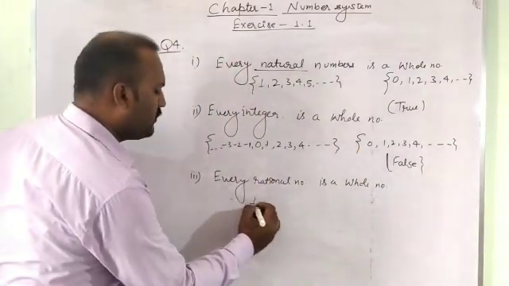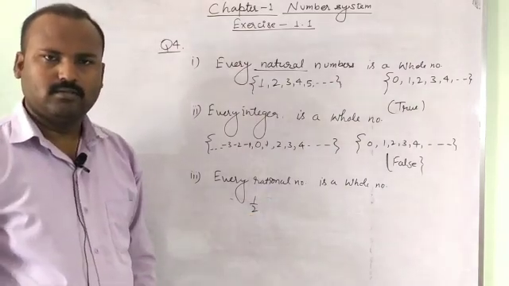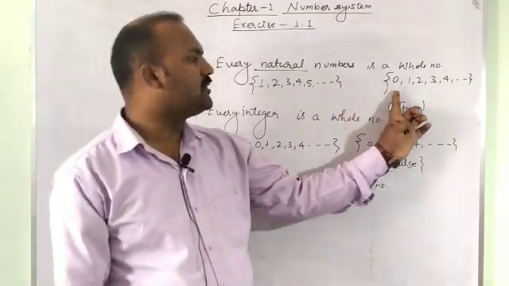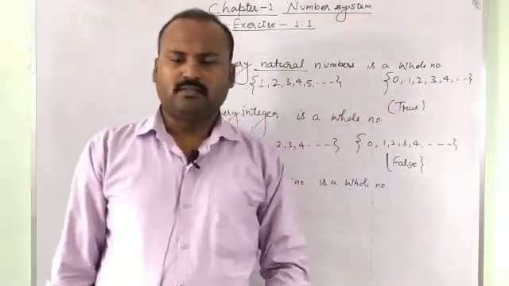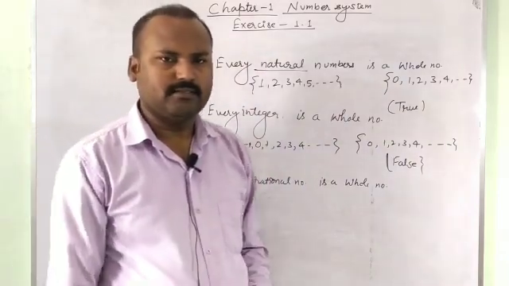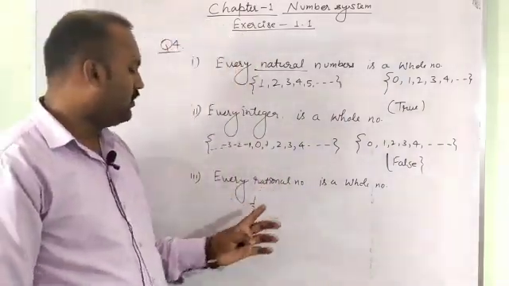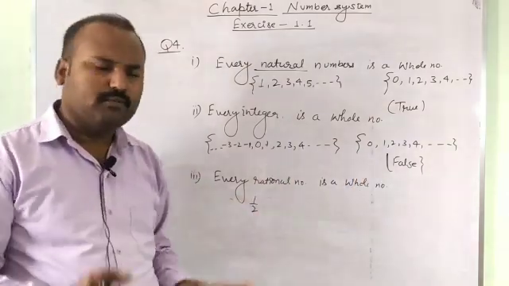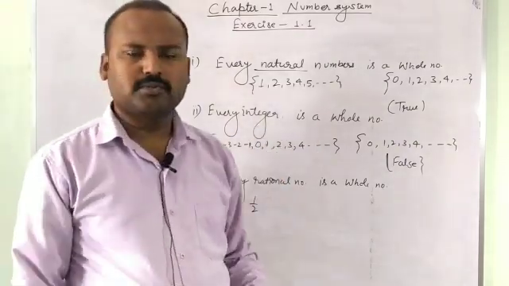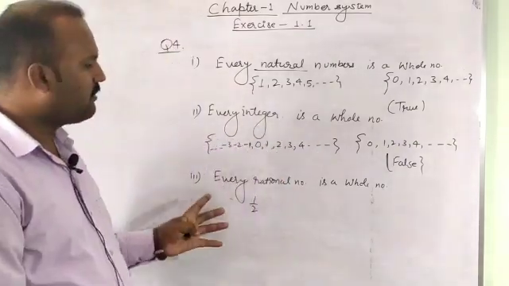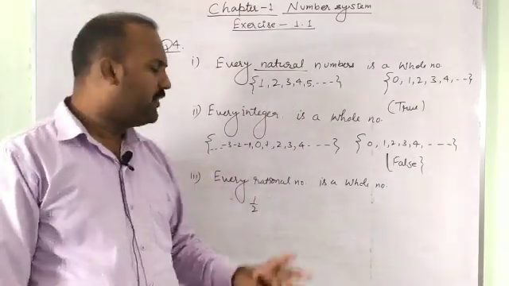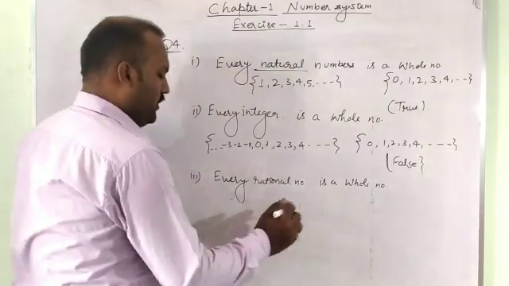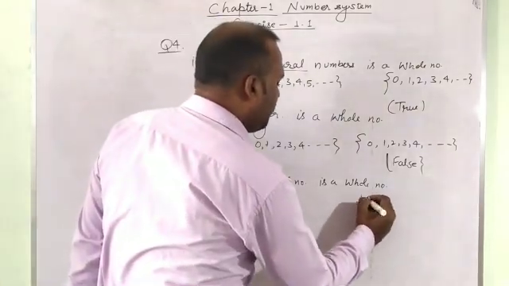Can you say 1 upon 2 is a whole number? No, because 1 upon 2 is not a whole number, because we know that whole numbers are like 0, 1, 2, 3, 4, 5. These are not in the form of a fraction. So we can't say that every rational number is a whole number. Only a few rational numbers will be whole numbers, like 2, 3, 4, 5, 0. These are rational numbers, but these are also whole numbers. But we can't say that every rational number is a whole number. So students, this statement will also be false.